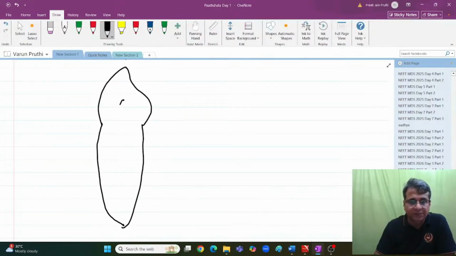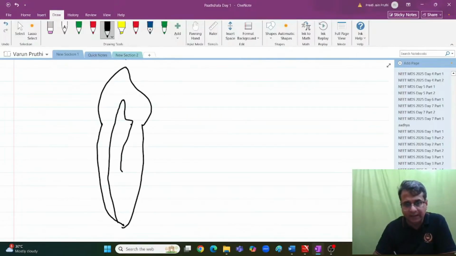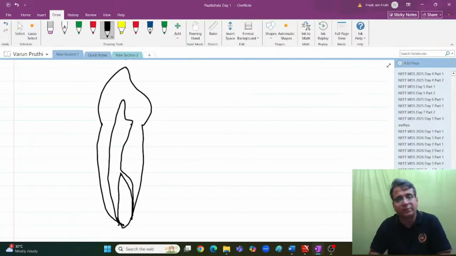Type 4 pattern means it starts as one canal, then somewhere it divides and exits as two separate apical foramina. So this is very common.